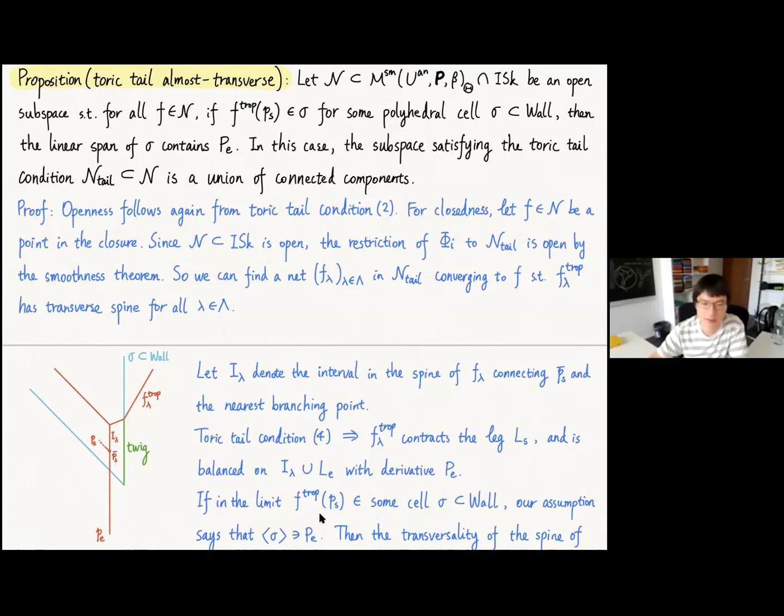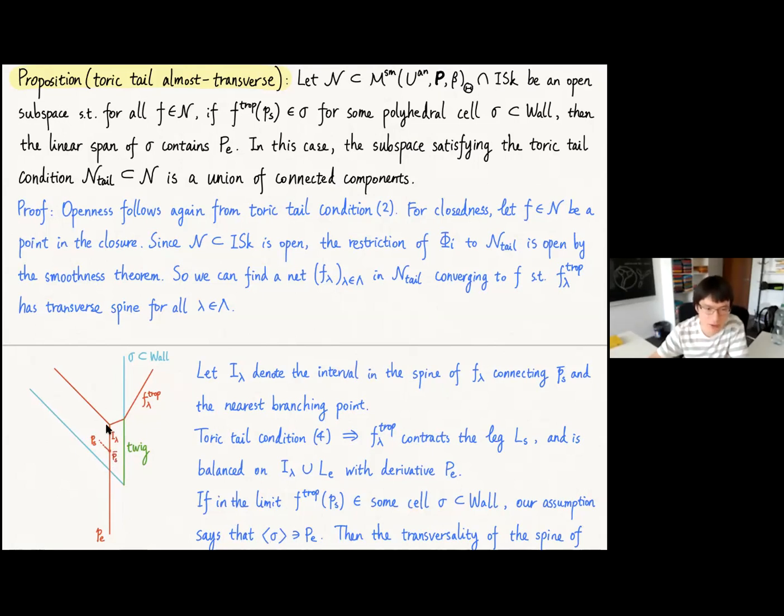So if in the limit f trop of PS lies in some cell sigma, for example, in this cell, our assumption says that the linear span of sigma must contain this direction PE.